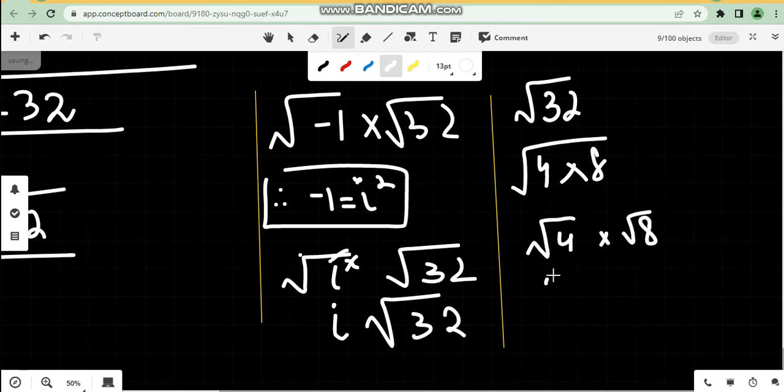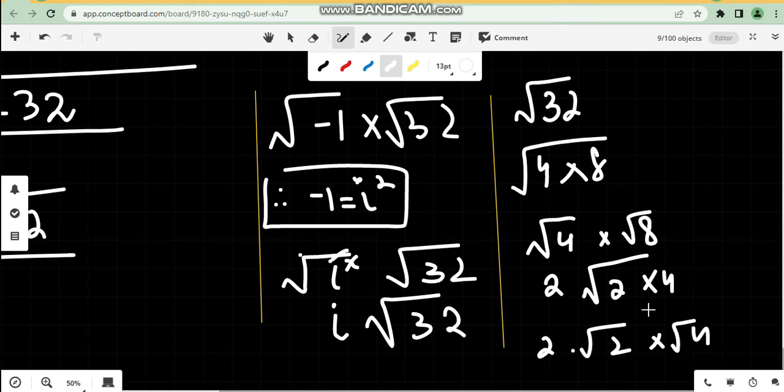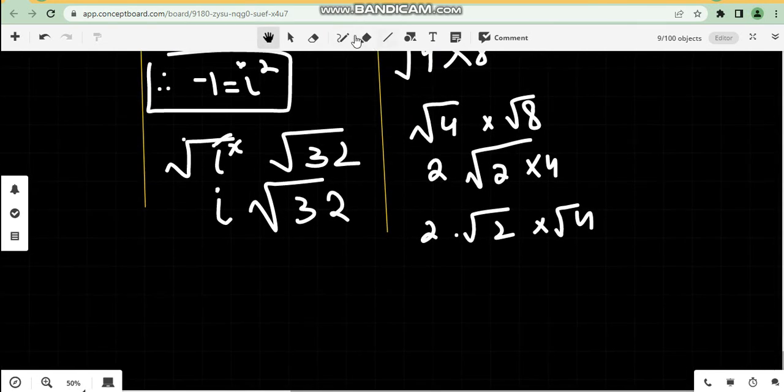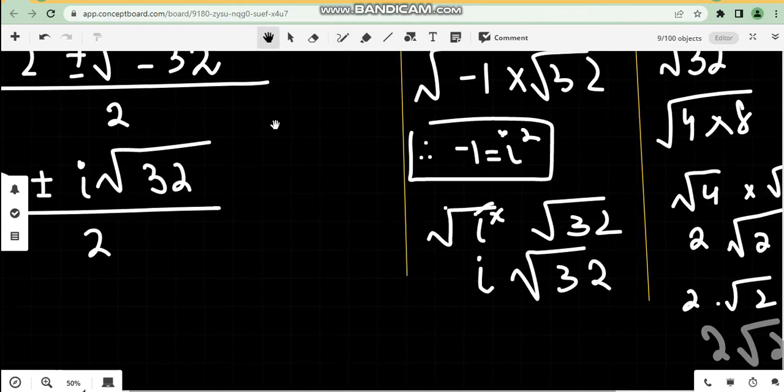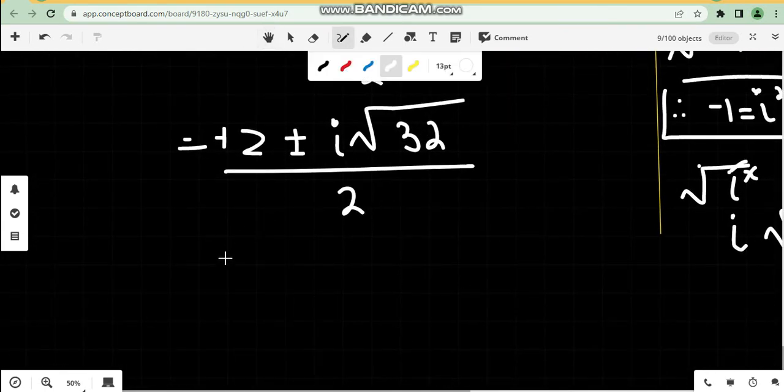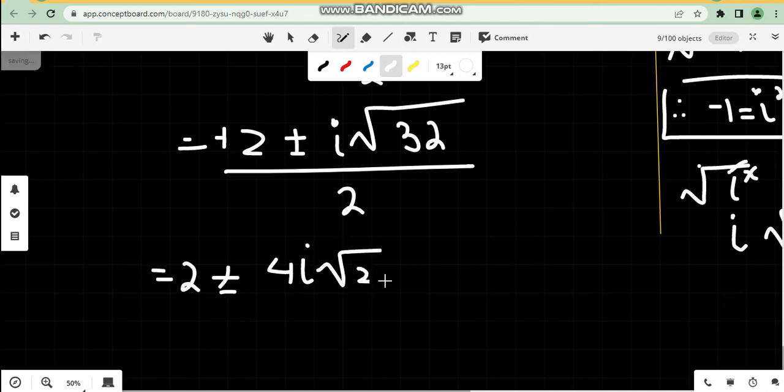The square root of 4 is 2. Square root of 8 would be 2 times 4 is 8, so we write 2 times square root of 2 times square root of 4. That gives us 2 times square root of 2 times 2, so that is 4 square root of 2. So I'll write here 2 plus minus 4i square root of 2 divided by 2.